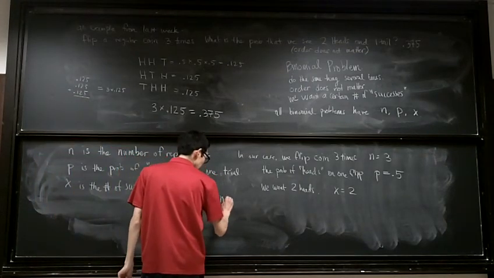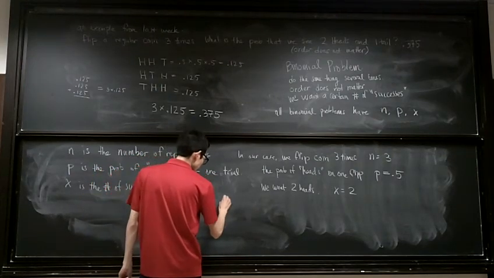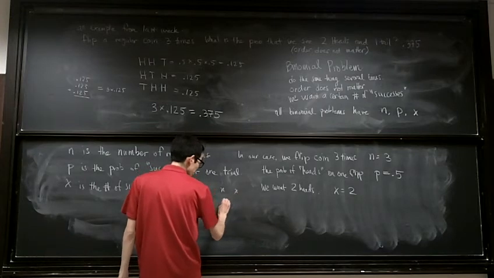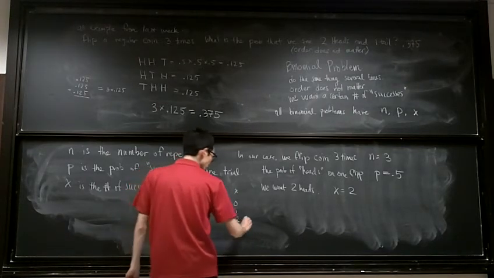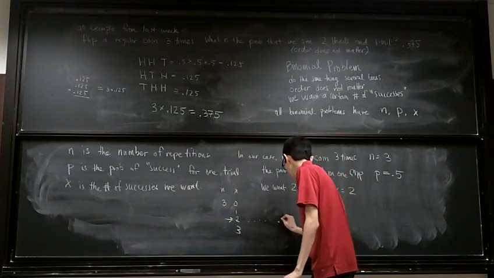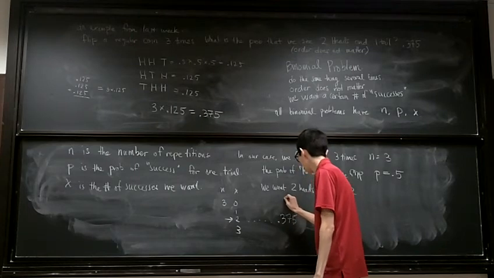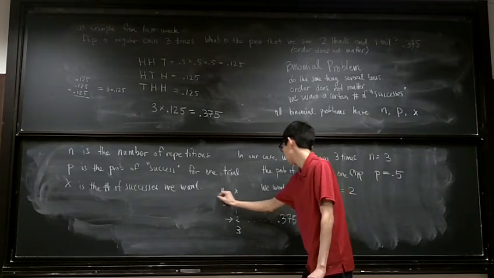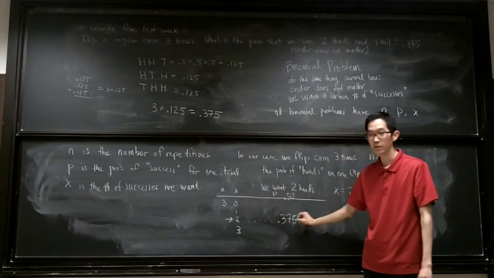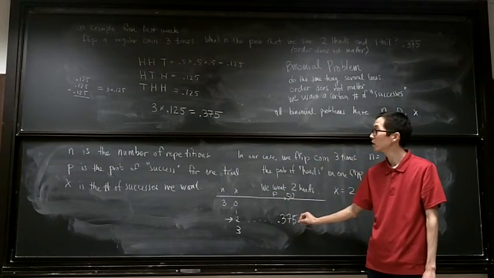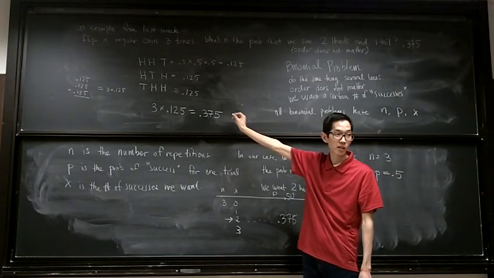So in your table, it looks like N, X, so we have 3, and it goes 0, 1, 2, 3, so then we go to row 2, and we find the P where P is equal to 0.50 across the top. Our answer is 0.375, and that matches what we did when we found it the manual way.